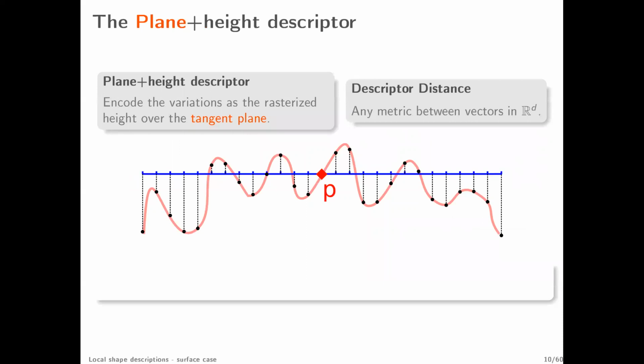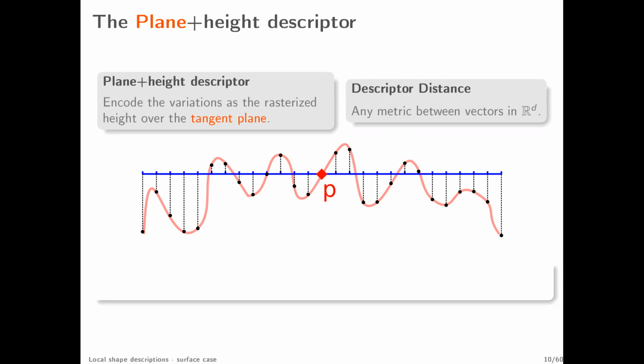The most natural one would be to just compute the tangent plane to the surface and then encode how much the surface varies with respect to the tangent plane. If you see that as a small image on the surface, then you can encode it as a vector.